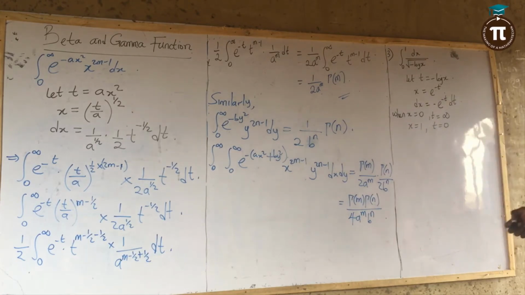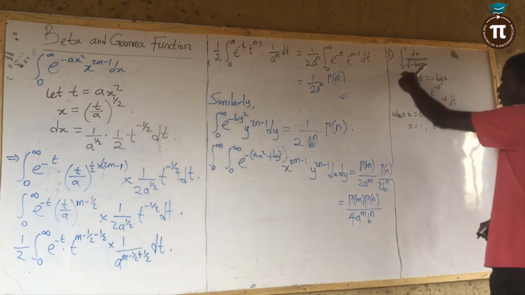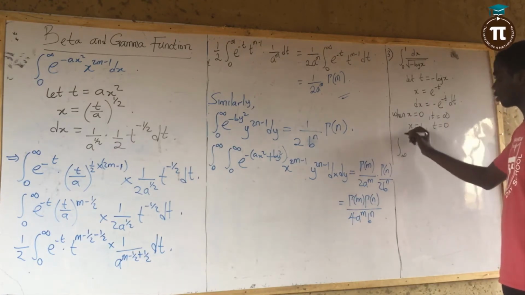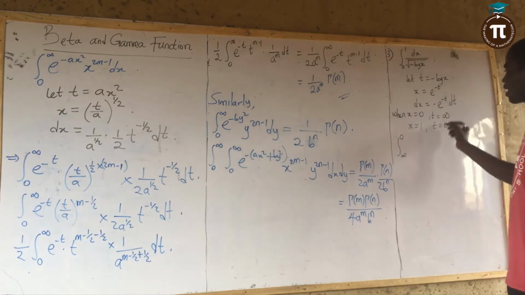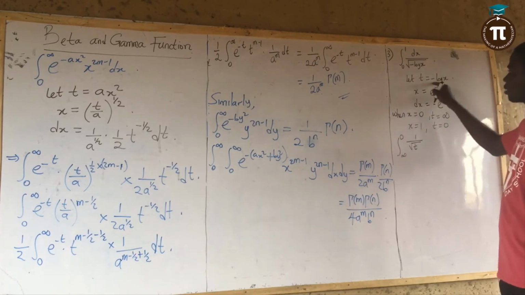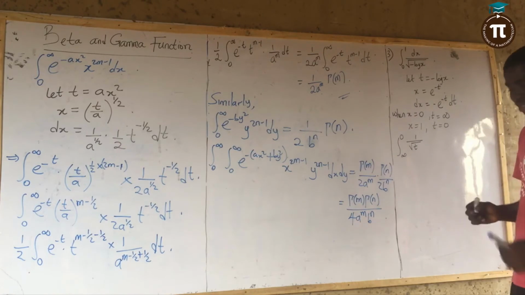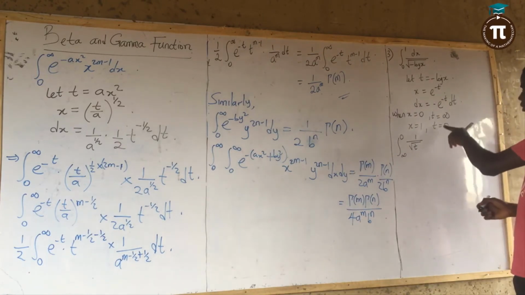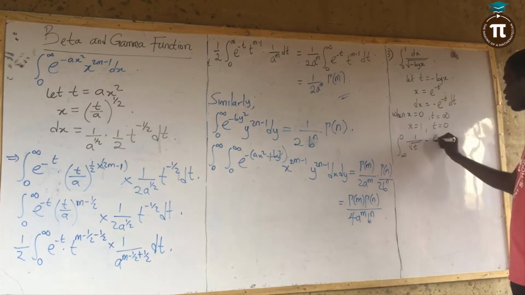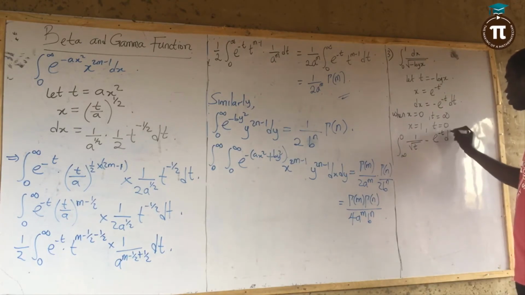Put it, you will see what I'm talking about. So this one will now become integral from infinity to 0 of 1 over root t, since I made t to be minus log x, of dx. dx is minus e raised to power minus t dt.